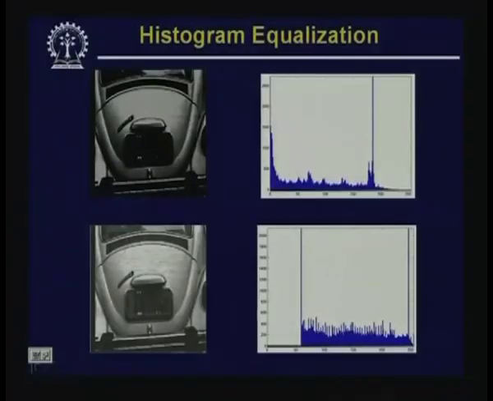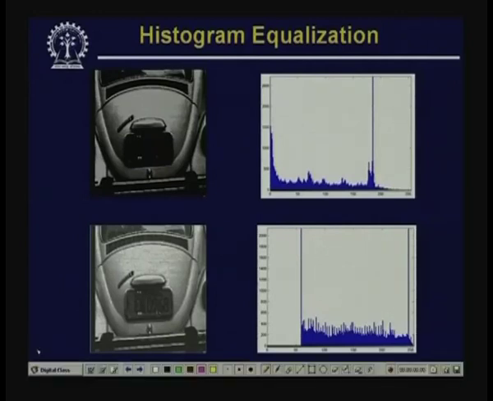Now, to overcome this limitation, if some application demands that we want to enhance only a certain region of the histogram, we want to have the details within a certain region of the histogram, not what is given by the histogram equalization process, then the technique that should be used is called histogram matching or histogram specification.